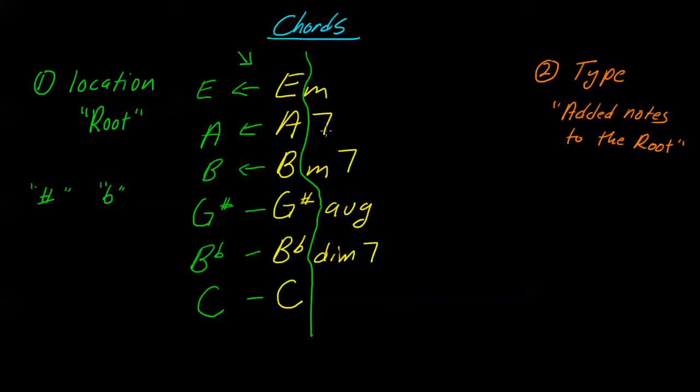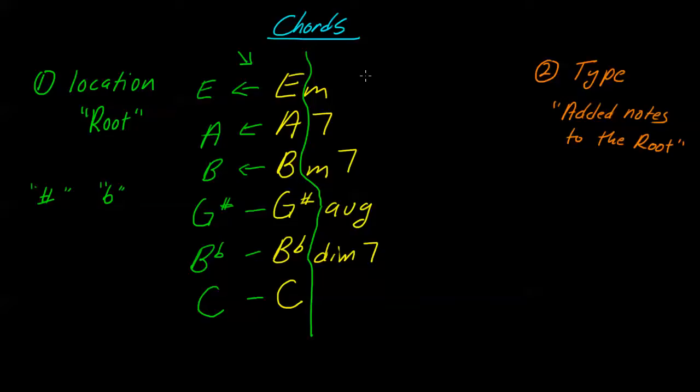And this is where it can get a little complex, but the good thing is once you start reading chords, you'll start memorizing what these are. Or if you don't know, you can look it up in a music book, or you could go online and do a search on minor seventh chords, and it'll tell you what additional notes to add in order to create this type of chord.